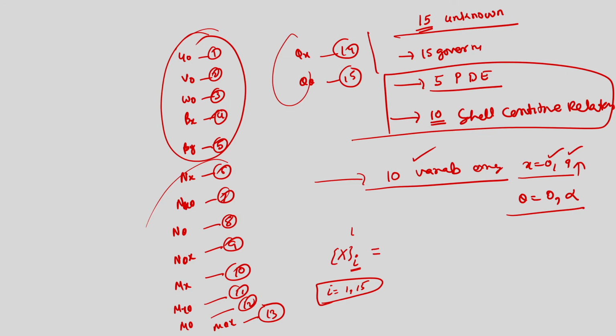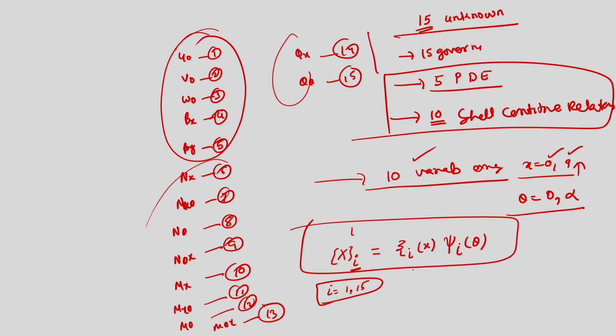It can be expressed as any variable X_i, which is a function of x, and any variable psi_i, which is a function of theta, in a bivariate form. X_i is a variable which is only a function of the x direction, and psi_i is another variable which is only a function of the theta direction.